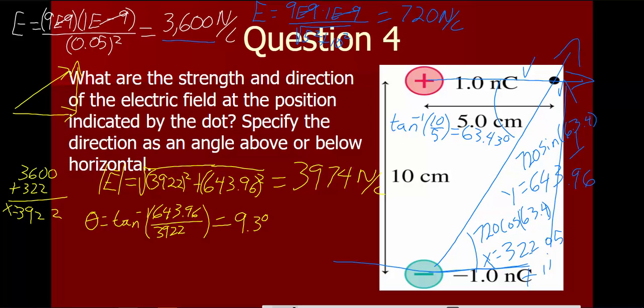Now, I will point out a couple of things. Well, first of all, are there any questions? So we have a small angle because the y isn't very big compared to the x, and it didn't have much of an impact on our total here.